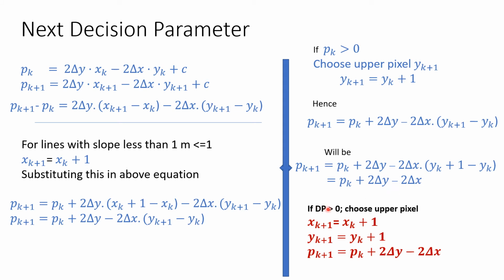So whenever the decision parameter is greater than 0, x is obviously incremented by 1 in both cases, y will choose an upper pixel and hence yk plus 1 will have this value, and the decision parameter is calculated as this. We have to remember this because these equations are used in the algorithm.